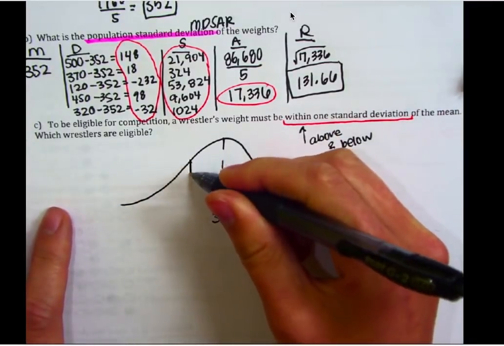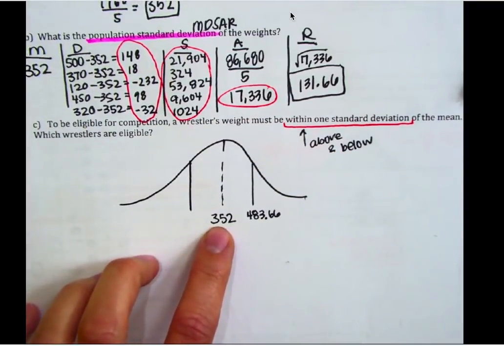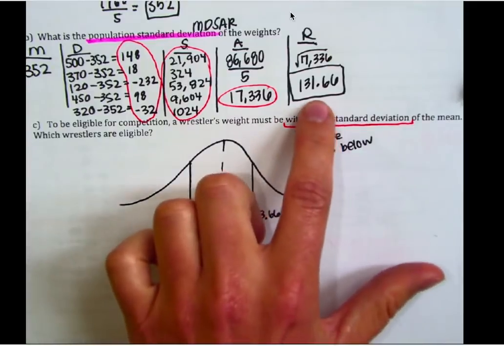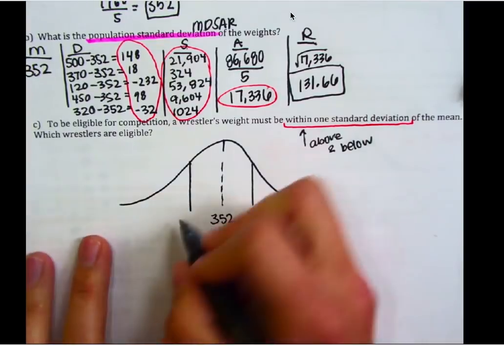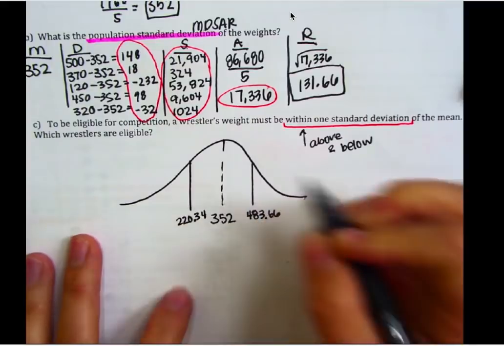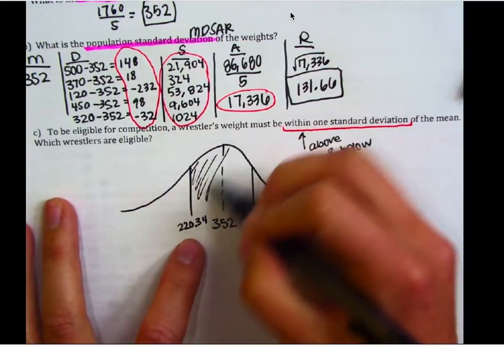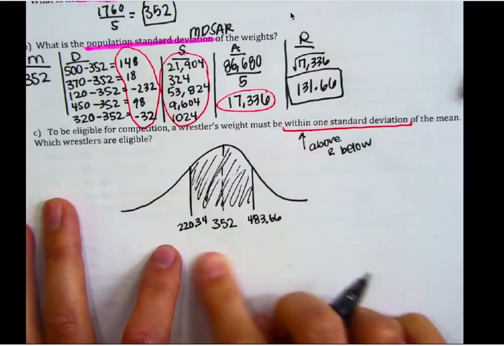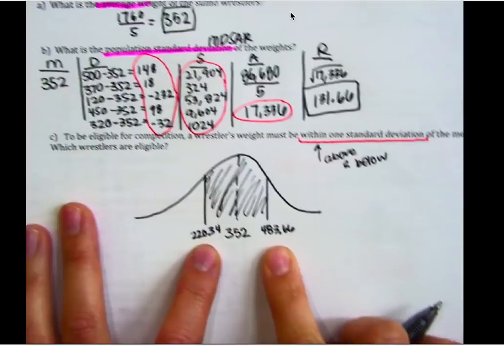So I'm going to go ahead and find 1 standard deviation below by taking 352 and this time subtracting my standard deviation. So 352 minus the 131.66 gives me 220.34 pounds.